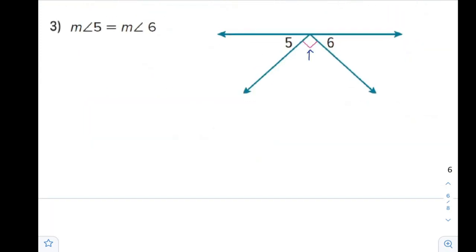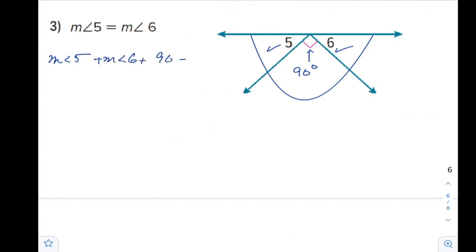As you see here, this is given to be right, so it's 90 degrees. The measures of angles 5 and 6 are equal. As you see here, you should notice that all are forming a line. So the measure of angle 5 plus the measure of angle 6 plus the 90 equals 180.